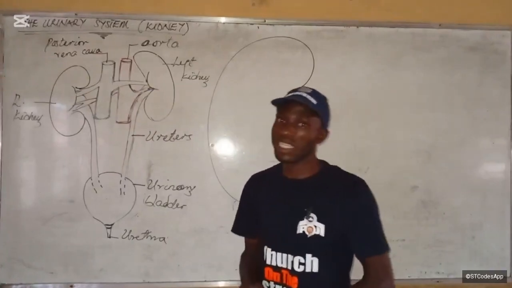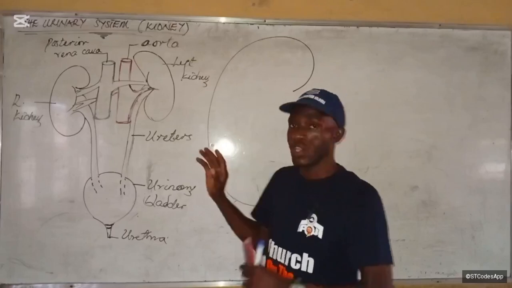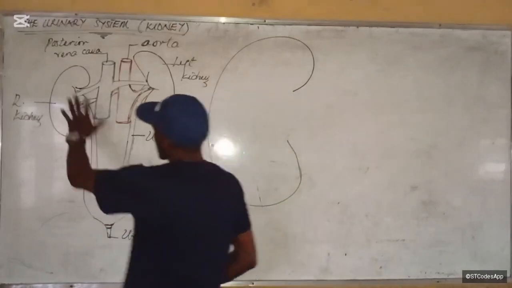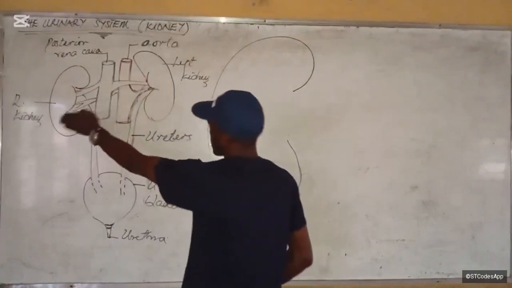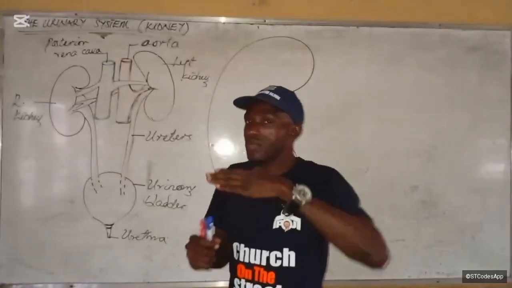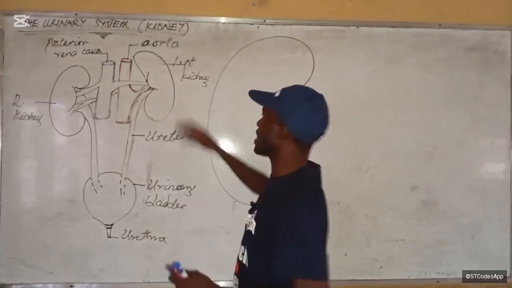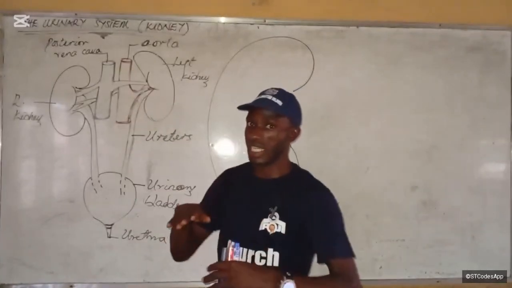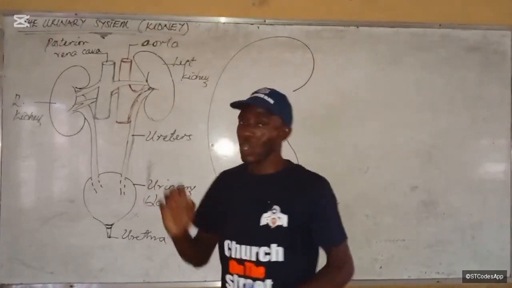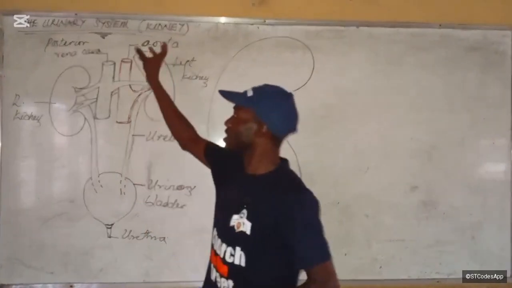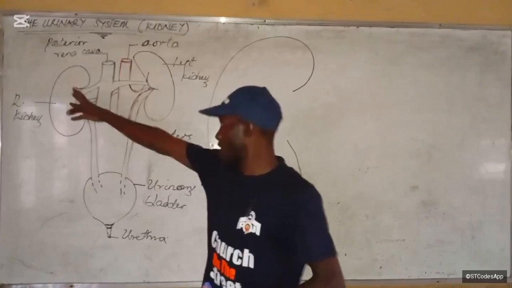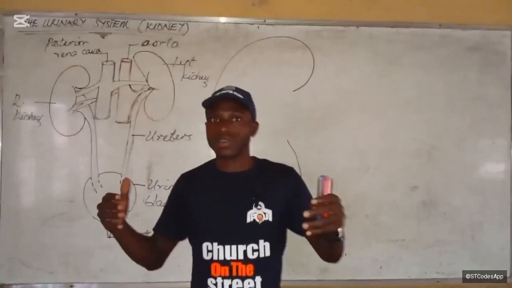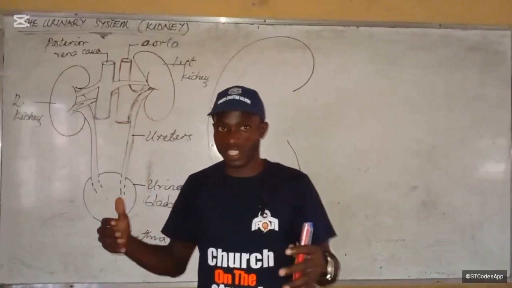Now, what do we see anatomically? You will see that this one, the right kidney, is slightly pushed downward compared to the left kidney. That is, the left kidney is slightly above the right kidney, and that is because the right kidney is just below the liver, which is a very large organ.